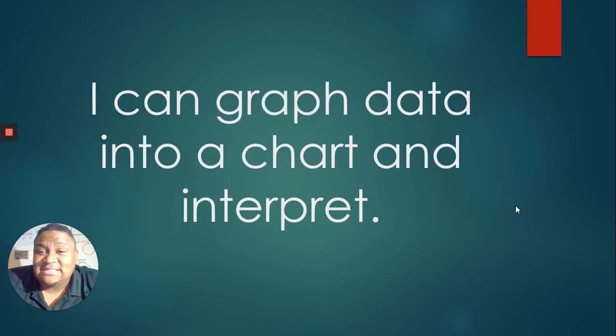All right, so your I can statement is I can graph data into a chart and interpret. So what does that mean to interpret? I want you to take a few seconds to think about what it means to interpret.